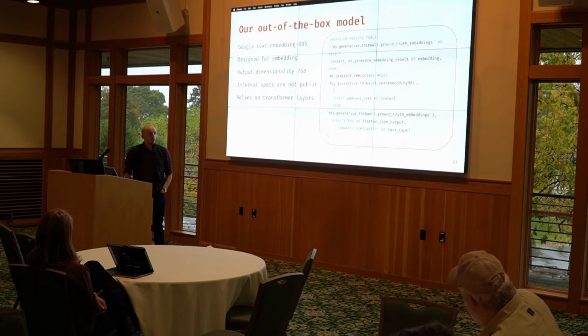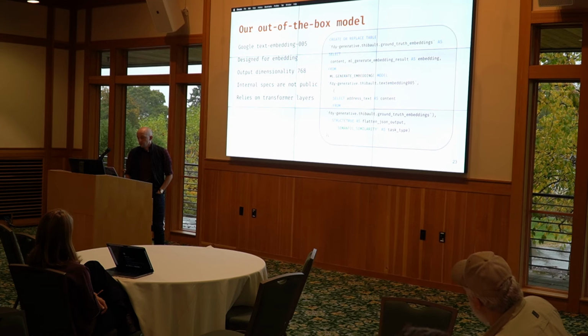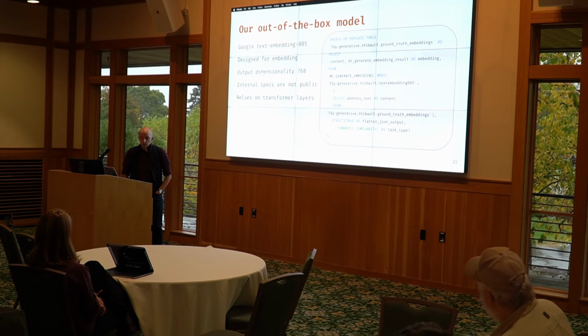So how do we generate those embeddings? For this out-of-the-box model, because we're a GCP shop, I used Google's embedding model. This is part of their Gemini suite, so it's some of the text embedding that powers their Gemini model. And the nice thing is that they have those models embedded into BigQuery, which is their SQL-like service.